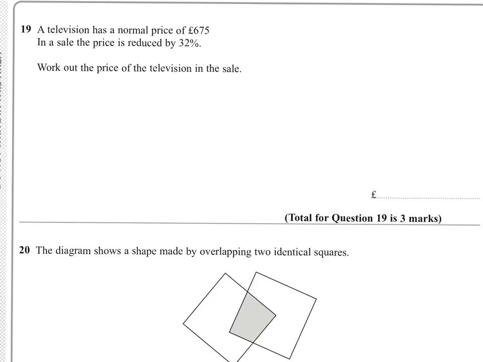Question 19. A television has a normal price of £675. In a sale, the price is reduced by 32%, and we've got to work out the price of the television in the sale.